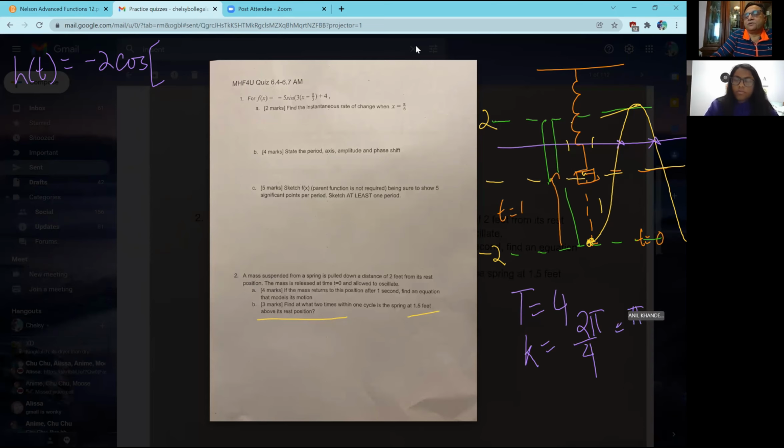Which is pi by 2, correct? Pi by 2 times t, and we are assuming that x is 0. So there is no plus or minus shift here, correct? That becomes my equation. Is that clear to you? Since it starts from the bottom. So that is how I'm going to model. So time period is 4, k value is pi by 2, amplitude A is 2.